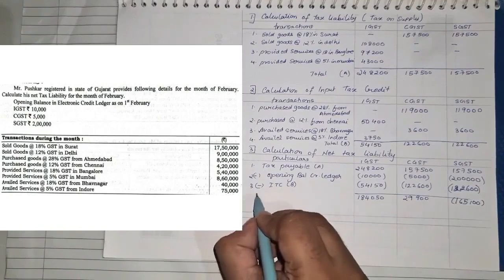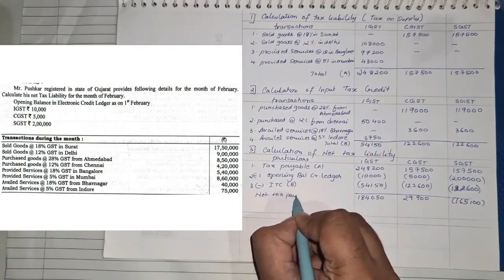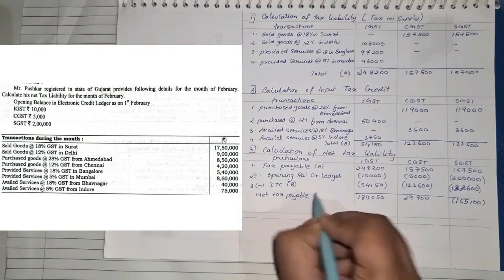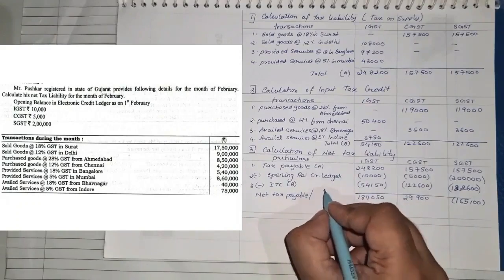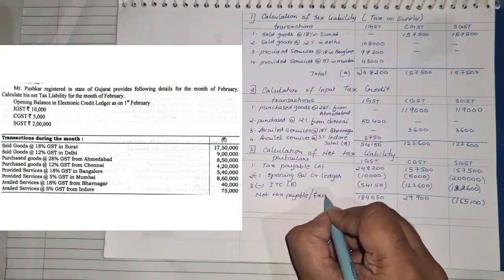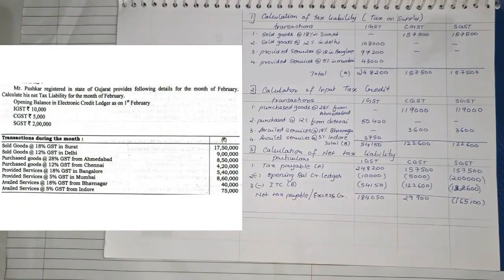So this is nothing but my net tax payable, or because one is negative, I can even write this as excess credit. Excess credit meaning I have paid more than what I have collected.